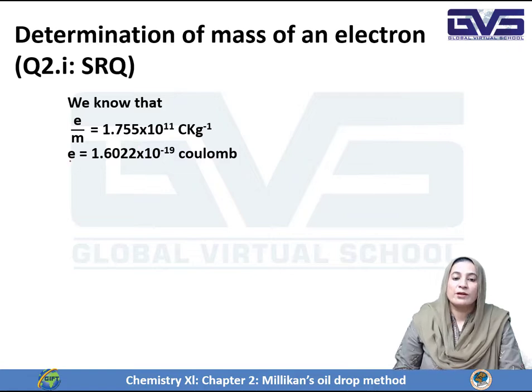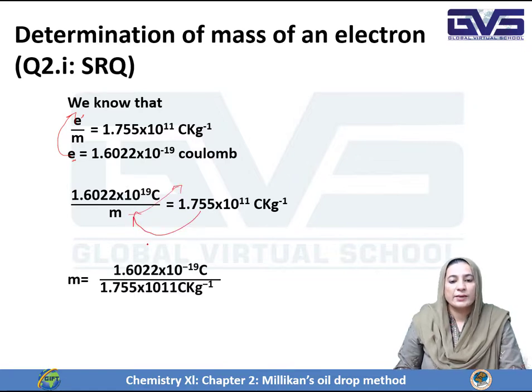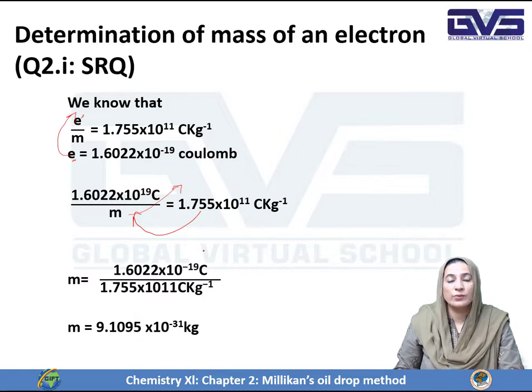So now just put the value of the charge of the electron in this, because the charge to mass ratio is already known. Take the mass to one side and divide the charge by the charge to mass ratio, and you can find the mass of the electron. That comes to 9.1095 × 10^-31 kilogram.